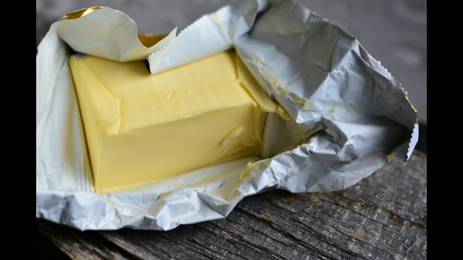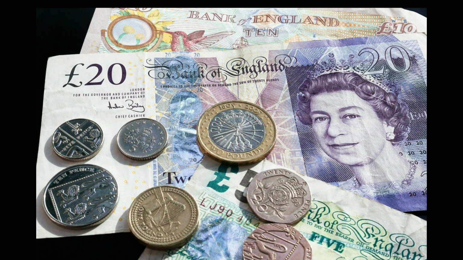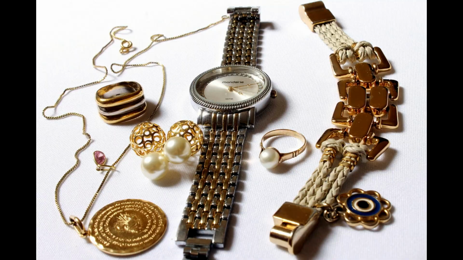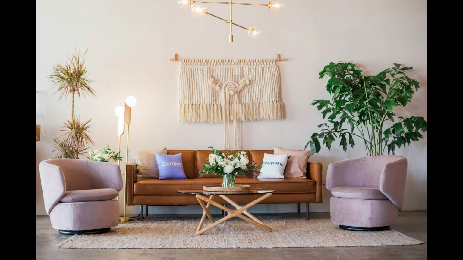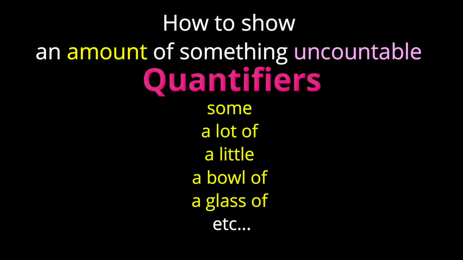Is there a way to count uncountable nouns? Well, yeah, there is. We use quantifiers to show an amount of something, such as some, a lot of, a little, a bowl of, a glass of, and many more.